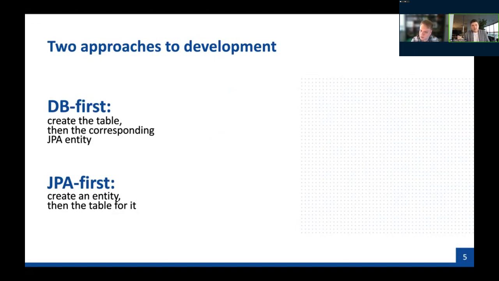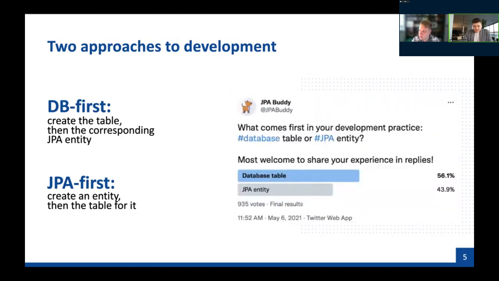The main difference is in where the source of truth lies, in your database or in your Java code. We've run a poll on Twitter, and it turns out the division is almost 50-50. People use both ways. There are advantages and disadvantages to each of them, but that's a topic for a separate talk. I'm not going to get into it.